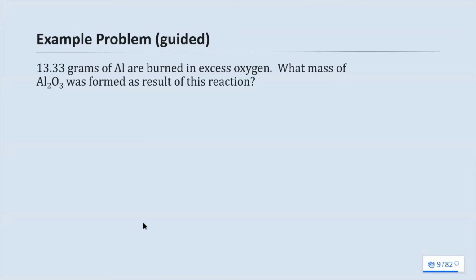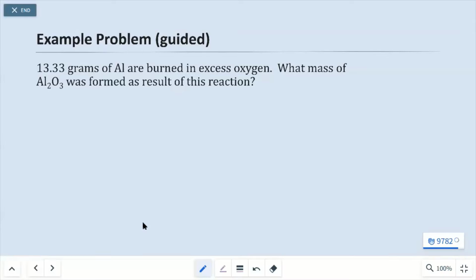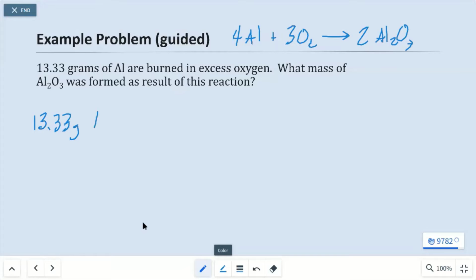So putting it all together now, I rewrite my balanced equation here. We have 13.33 grams of aluminum.